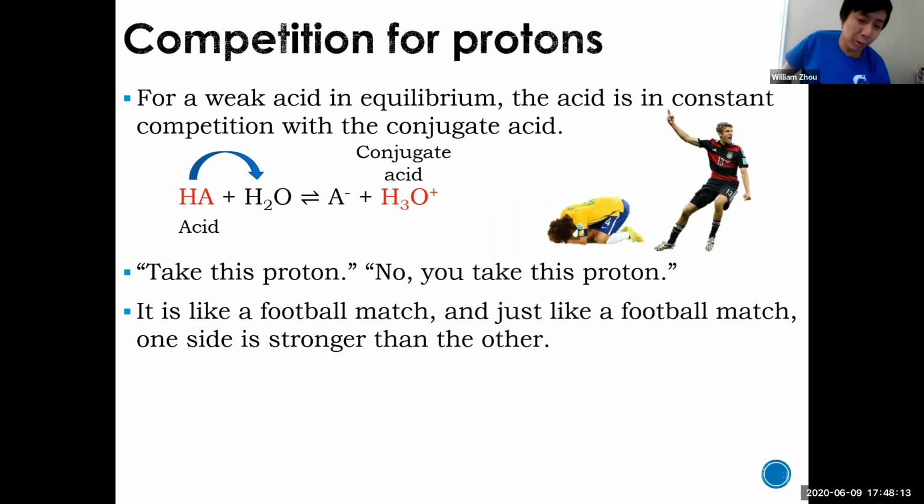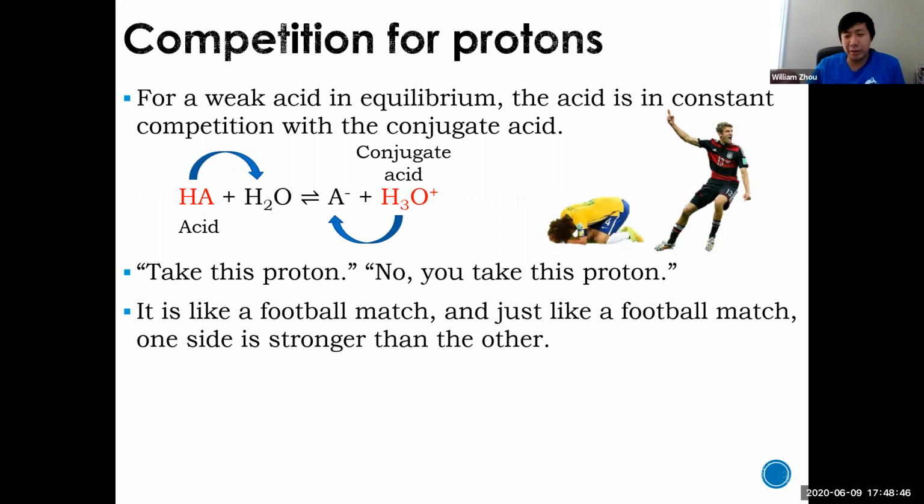H3O is now the conjugate acid, so now you are acidic. You will then try to get rid of the hydrogen by giving it back to the conjugate base, A minus. So I literally want to give it back to you. Who's better at giving the proton will dictate who is the acid. You see what I mean? It will dictate the equilibrium. Imagine that I'm trying to kick this ball into your net, and I'm very good at this.